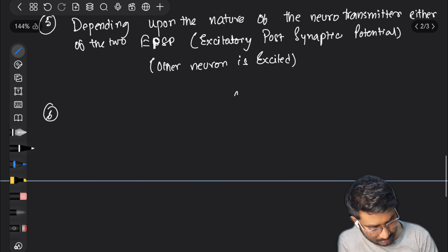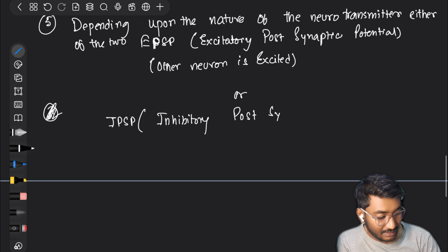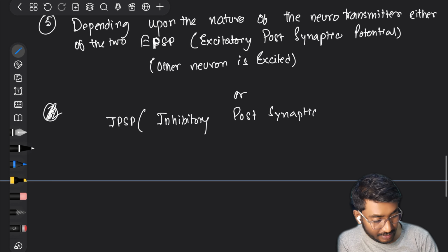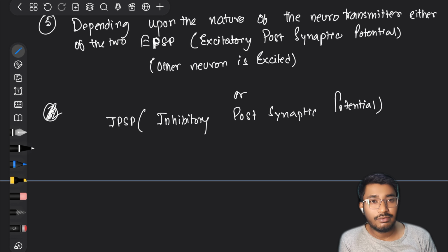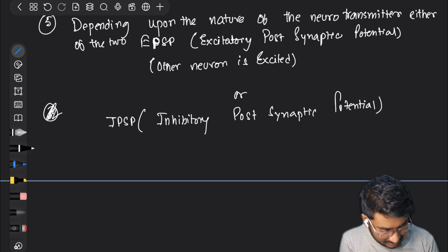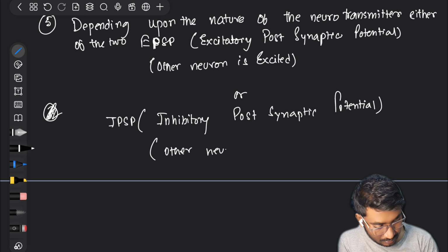The next is IPSP, inhibitory postsynaptic potential. It is generated when the other neuron is inhibited.